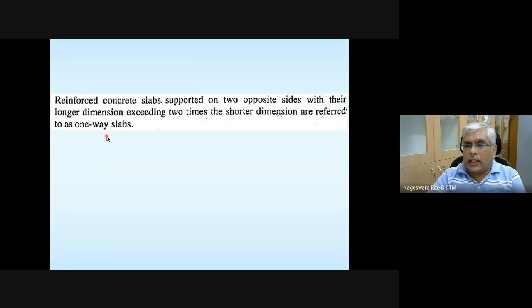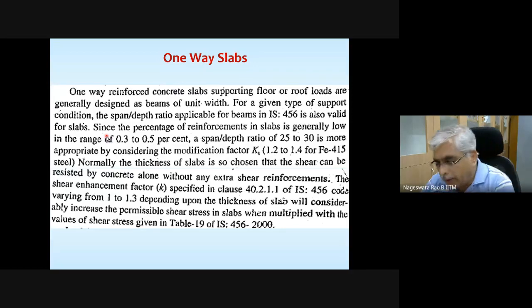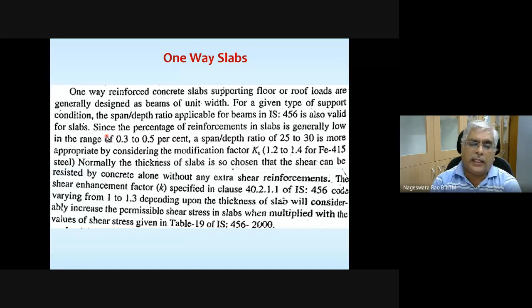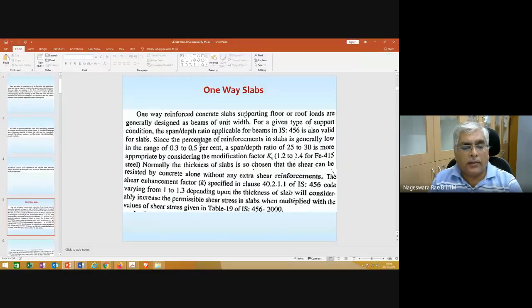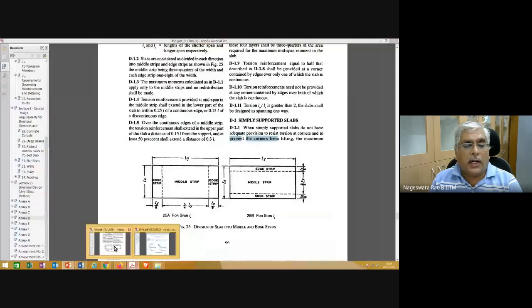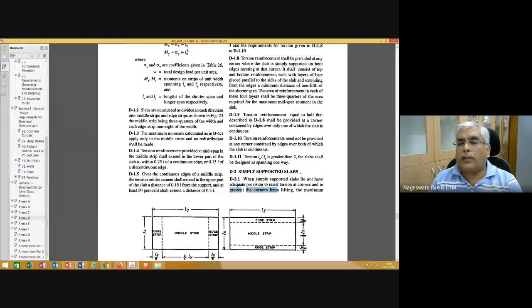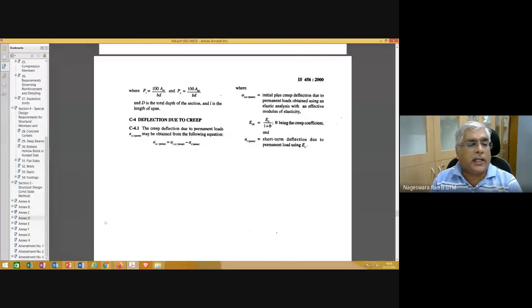And in the next class, we will be looking into one-way slabs. Whatever we covered, maybe we covered not in detail, but we'll see this in detail, one-way slab design as well as two-way slab design. Okay. Please note that in these slabs, we are not going to provide shear reinforcement.